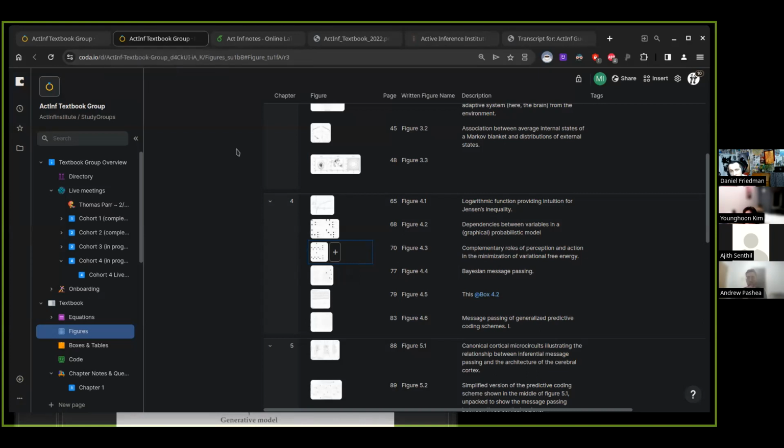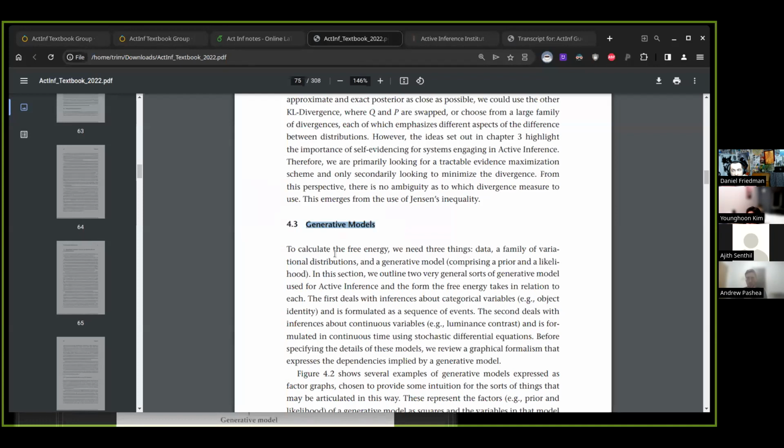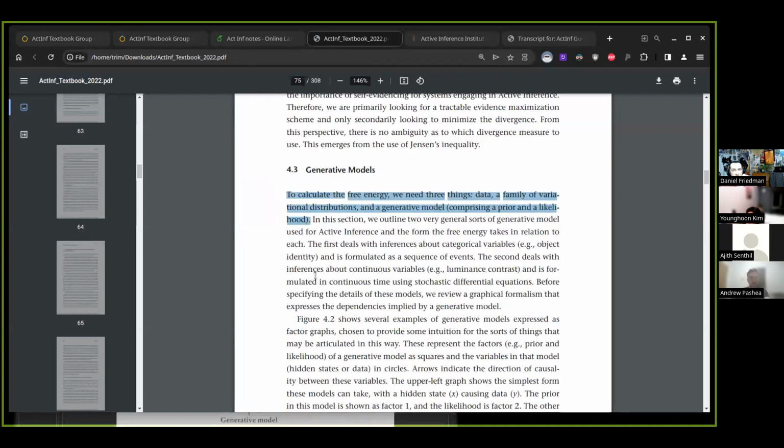Generative model, generative process, the term doesn't necessarily do any work. What does do work though is statements like this: calculation of free energy requires data, Y, a family of variational distributions, Q, and the generative model. Those three things together can get a free energy.